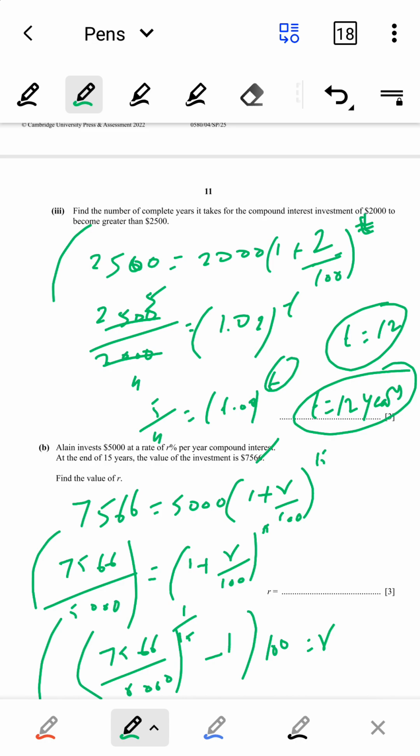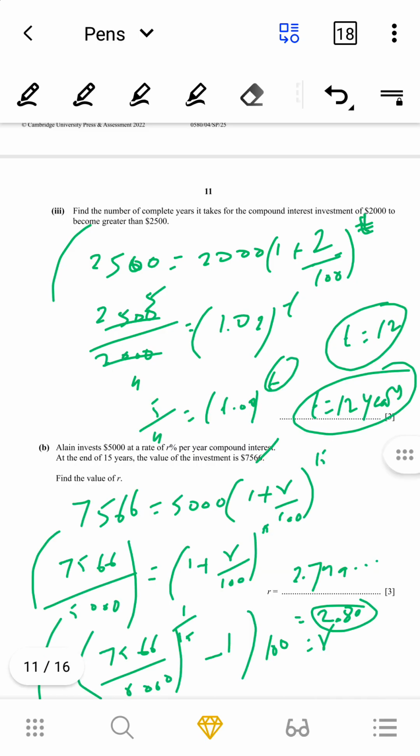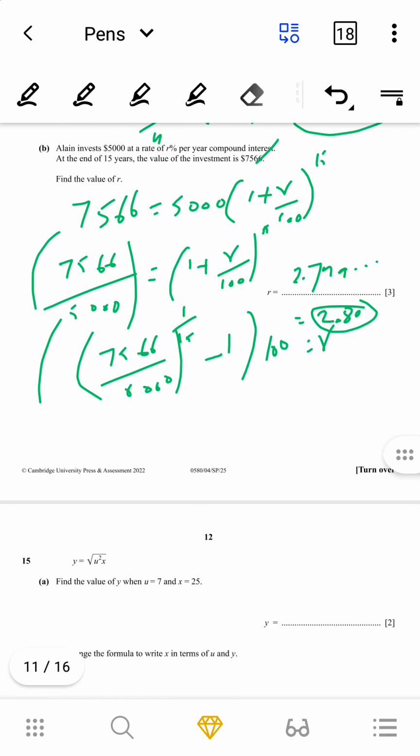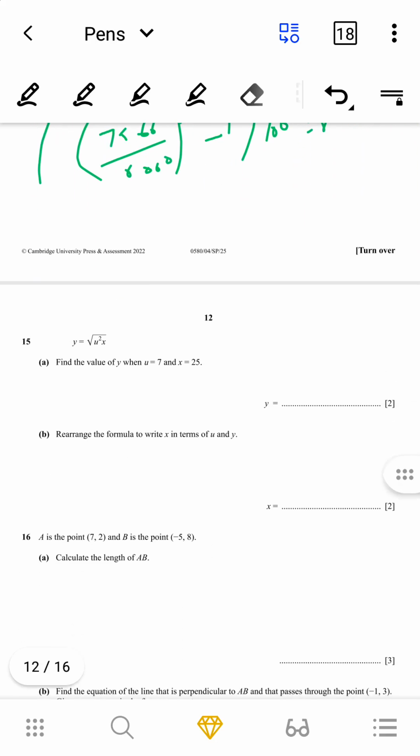Using the calculator you will be getting 2.799 something. They said 2 dp, so we can put 2.80 or 2.8. Okay, 2.80 percentage we can use. After 15 years you'll be getting 7566. So very simple. I hope you understand.